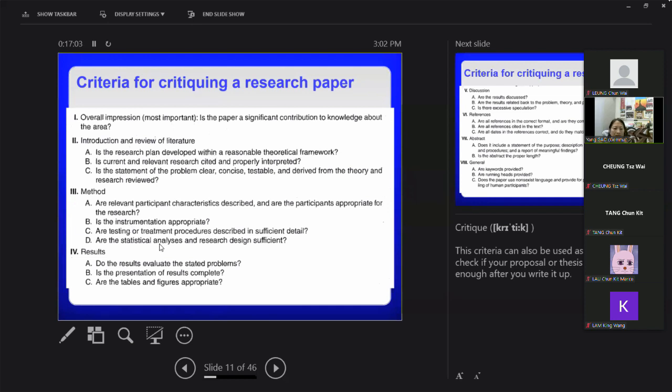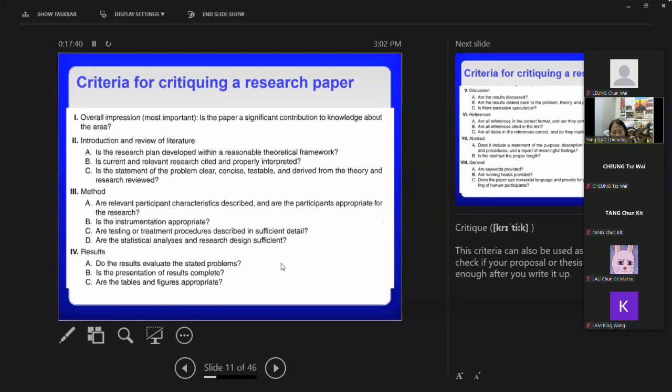In terms of the methods, it's a very important part. You should take a look at whether the methods part gives sufficient and clear information about the subjects, or called the participants, the data collection tools, the data analysis and the study design. Next, the results.